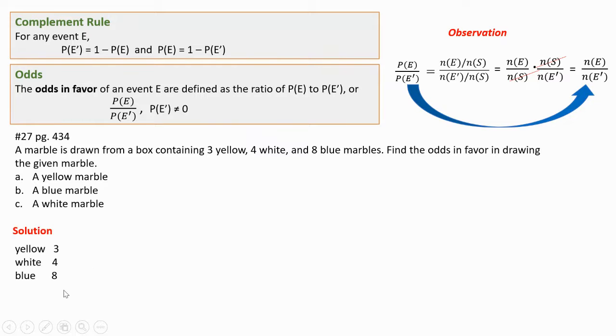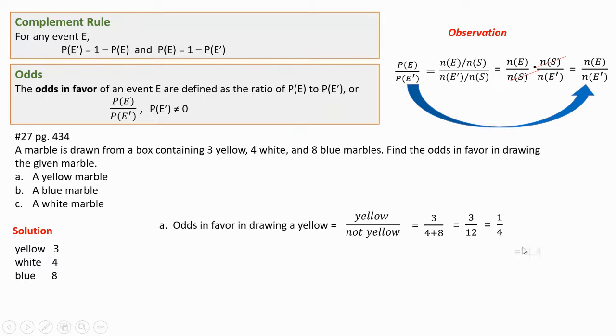Part A: odds in favor in drawing a yellow means yellow over not yellow. That's what we got over here, by the observation. So how many are yellow? 3. How many are not yellow? 4 plus 8, which is 12. So 3 over 12, which is equal to 1/4, or the ratio of 1 to 4.